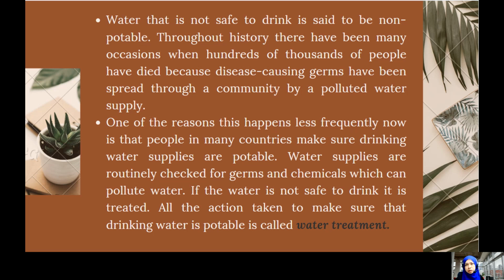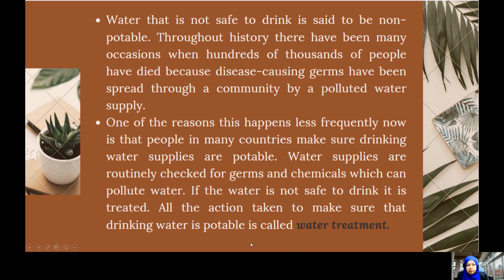Throughout history, there have been many occasions when hundreds of thousands of people have died because disease-causing germs have been spread through the community by a polluted water supply. One of the reasons this happens less frequently now is that many countries make sure drinking water supplies are potable.